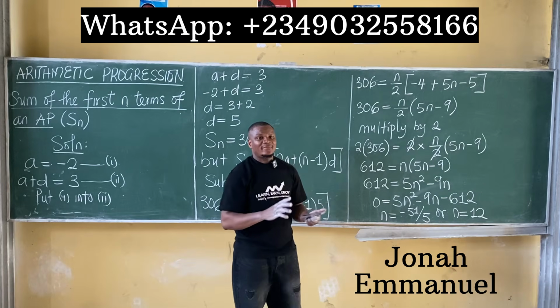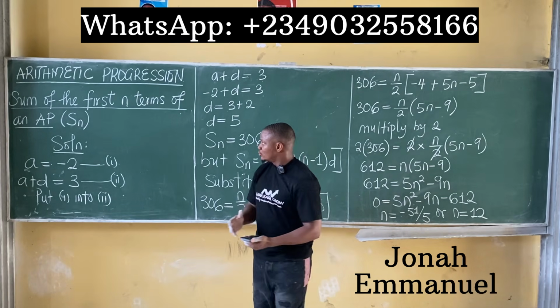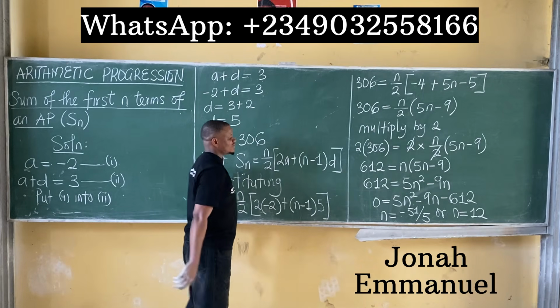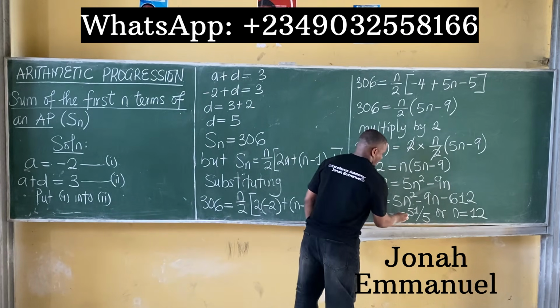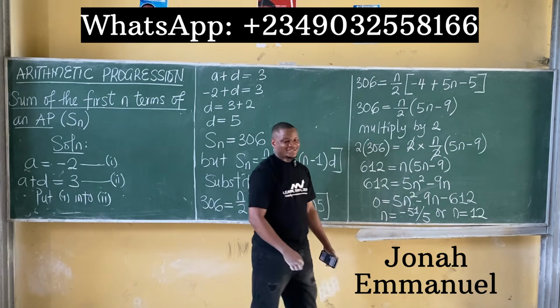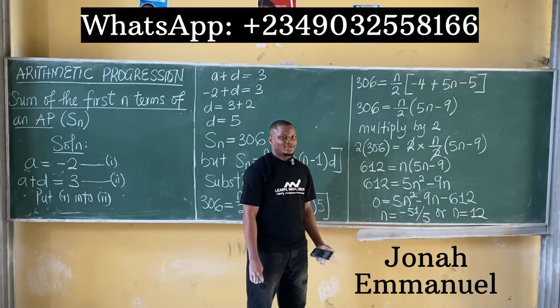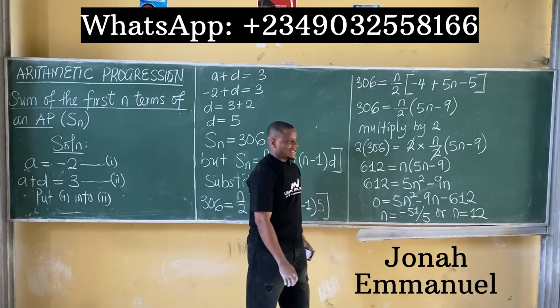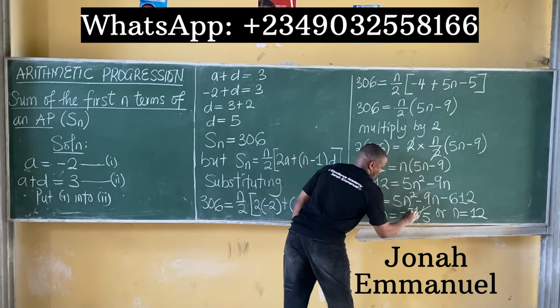They're asking you how many terms would you sum to get 306. There's no way your answer will be negative. How can you sum minus 15 terms? It doesn't make sense. In this case, n cannot be negative.